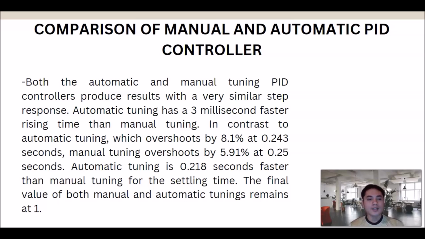In contrast to automatic tuning, which overshoots by 8.1% at 0.243 seconds, manual tuning overshoots by 5.91% at 0.25 seconds. Automatic tuning is 0.218 seconds faster than the manual tuning for the settling time. The final value of both manual and automatic tunings remains the same. It is 1.